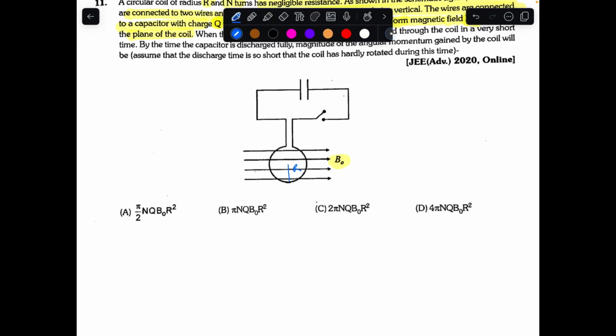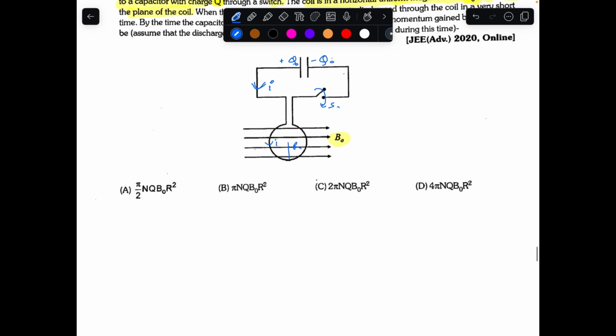So what will happen whenever this switch is closed? The capacitor is initially charged with Q naught. The capacitor will discharge. You can consider it a single loop circuit, only one loop is there. So the capacitor will get discharged, so there will be a current. Now, as soon as there is current in the loop, there will be torque, and because of torque, there will be angular momentum.